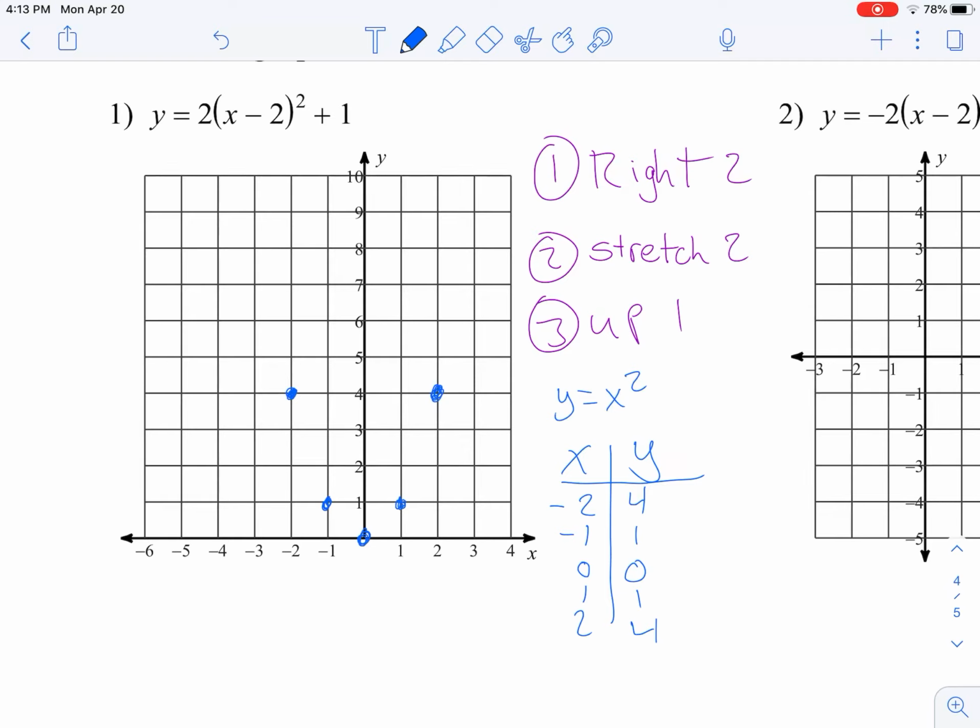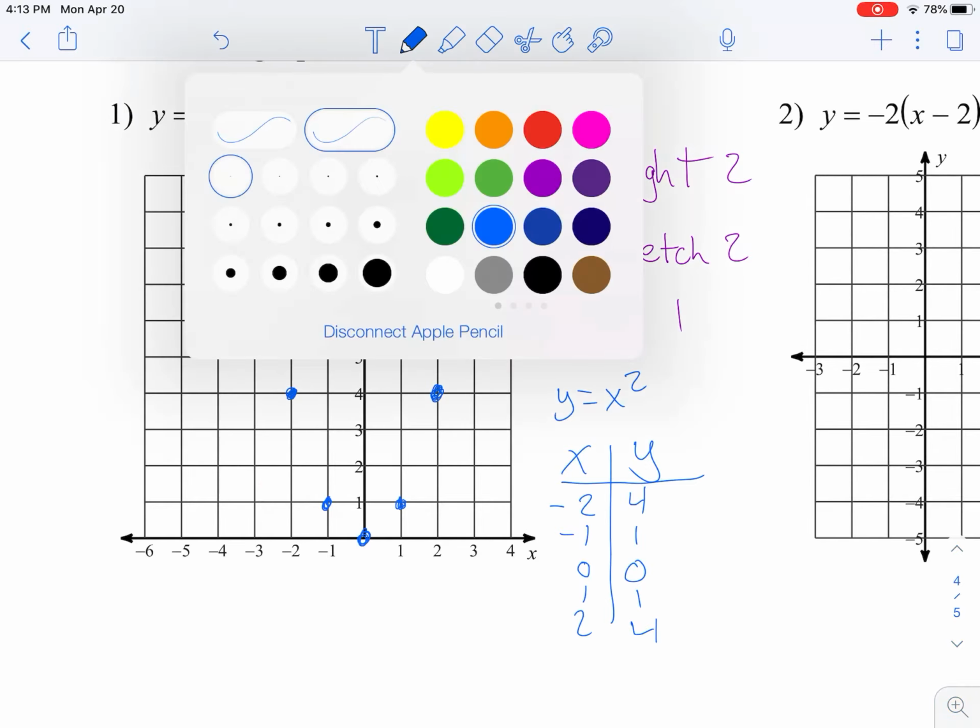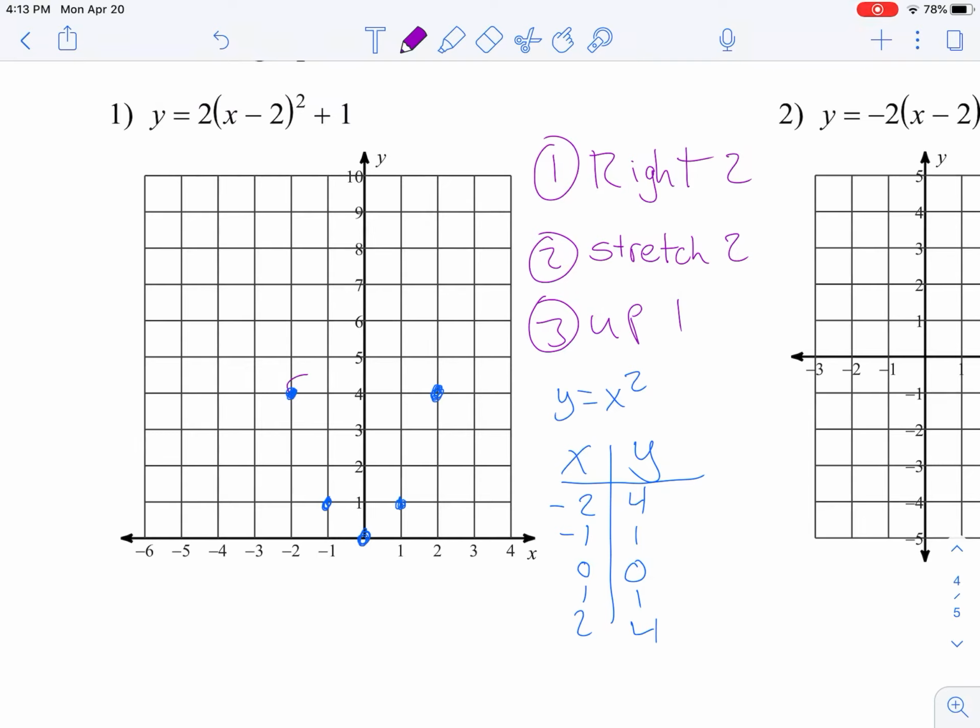So in the last session, we talked about how these transformations are affecting these points. The first way that these points are being affected is they're moving right 2. So every point moves right 2.